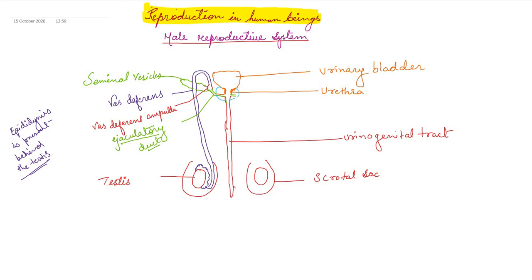This donut shaped structure is known as the prostate gland.